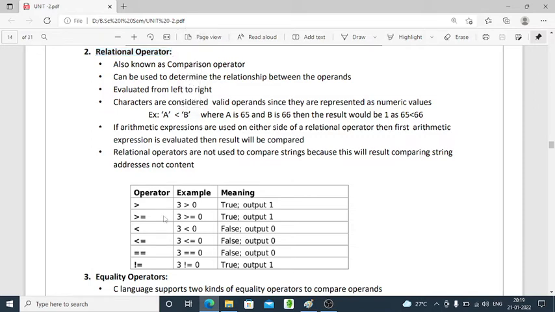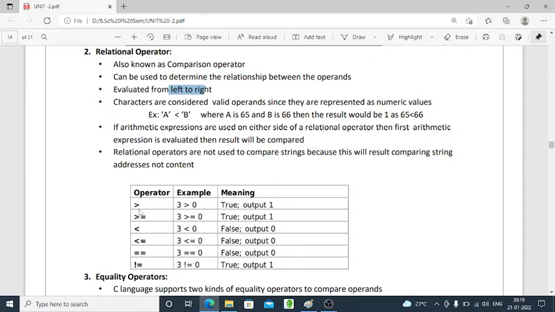These operators are always evaluated from left to right. The result is either true or false. If true, the output is 1; if false, the output is 0.